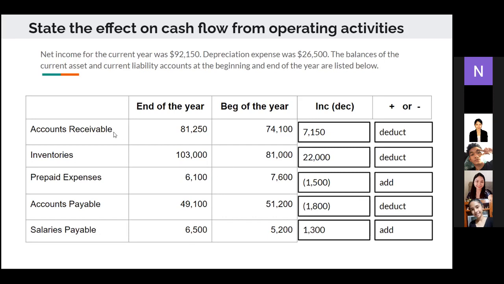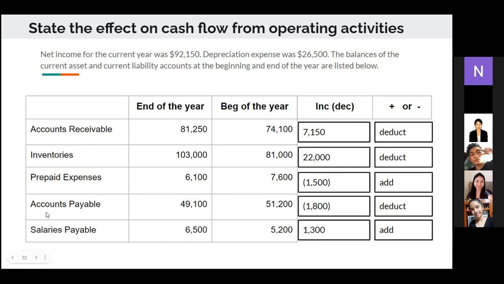Basta ang tandaan nyo, yung sinabi kanina, the indirect relationship sa current asset. So ito ang receivable, inventories, may increase siya sa current asset. Nag-increase yung dalawa, deduct siya. Prepaid expense, nagkaroon siya ng decrease, so i-add natin siya.